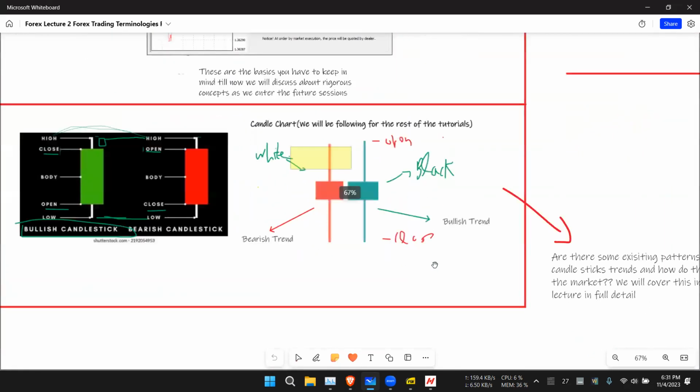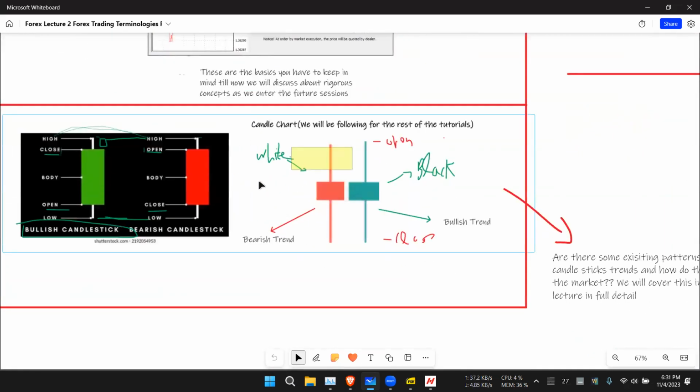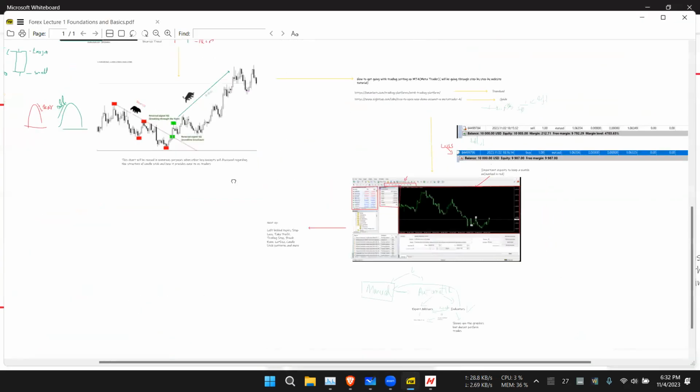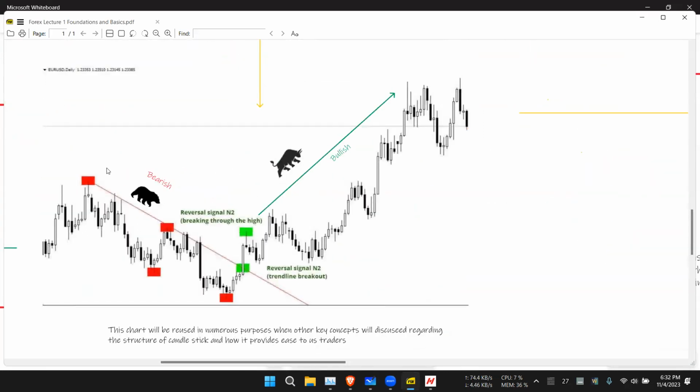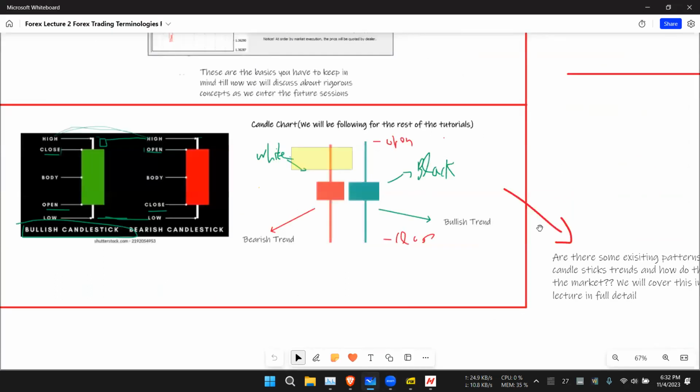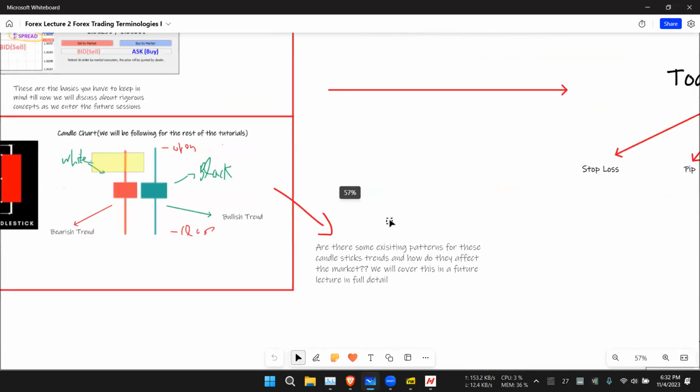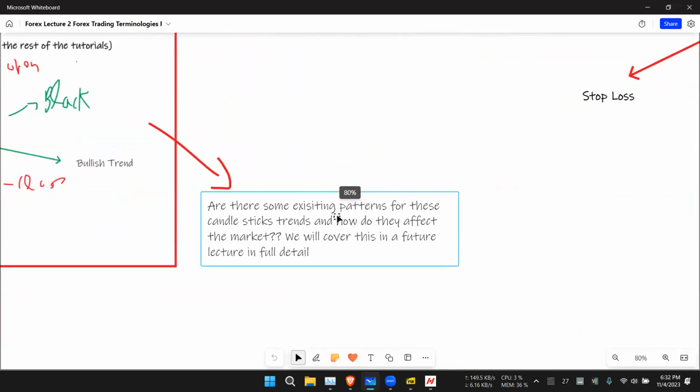Another thing is, if there are two candles and we see a couple of trends in those candles, are we seeing a bearish trend or a bullish trend, right? There are patterns like these that can help us identify if the market is going into a bearish trend or a bullish trend.